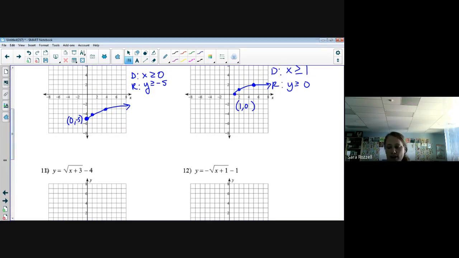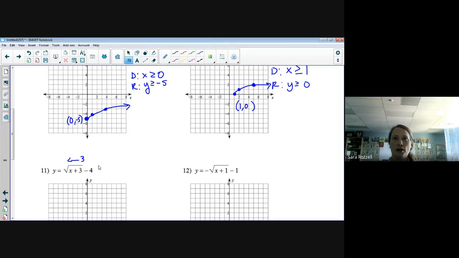All right, on number 11, I've got a double. We got this little 2 movement here. I have a +3 on the inside. Is that a left or right or an up or down? Inside numbers are left and right. So this means I'm going to the left 3.